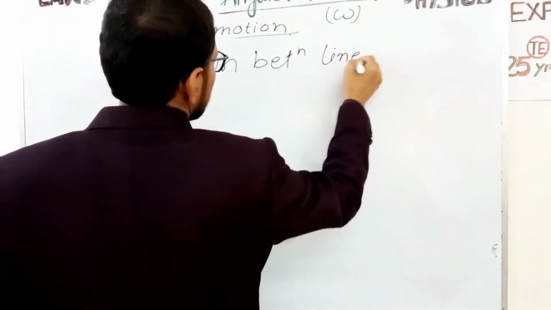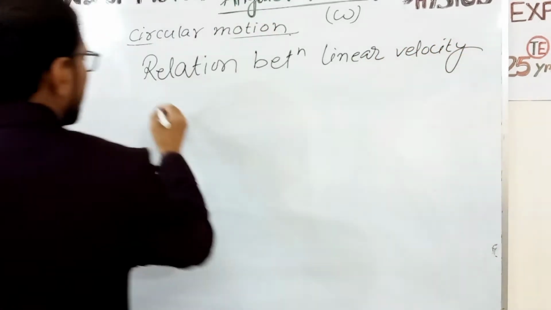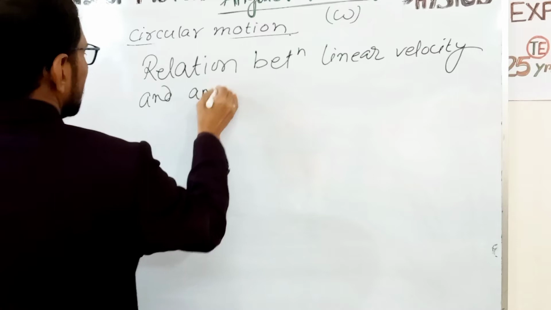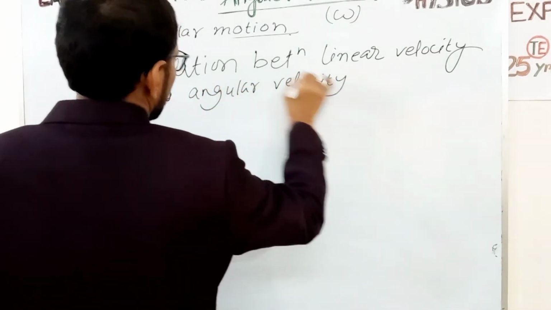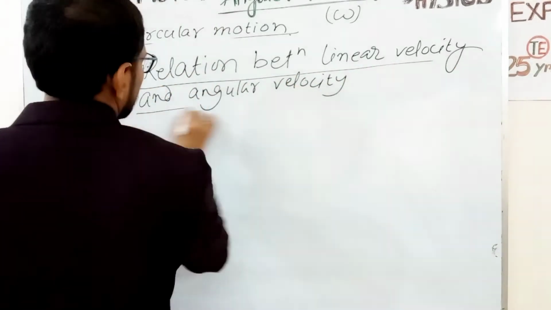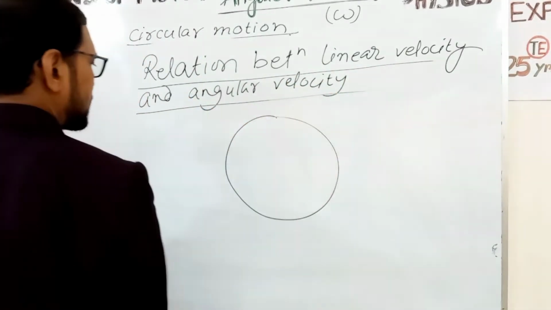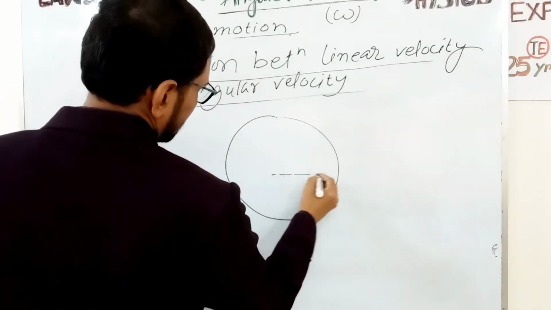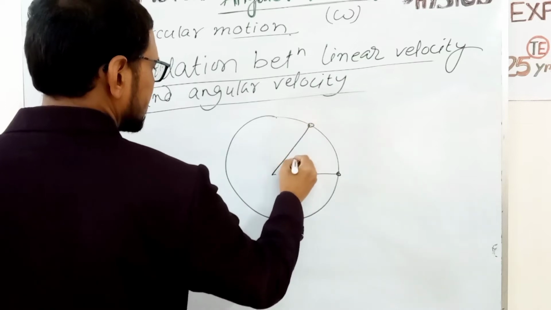Now, linear velocity and angular velocity. What is the relation? Suppose a body rotates in a circular path, and from this point to this point the angle made is theta.